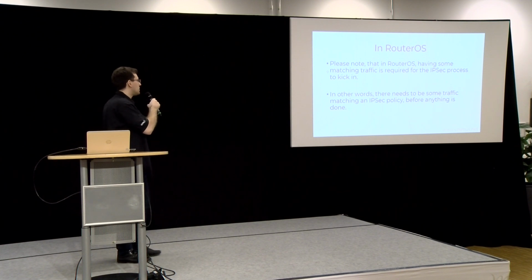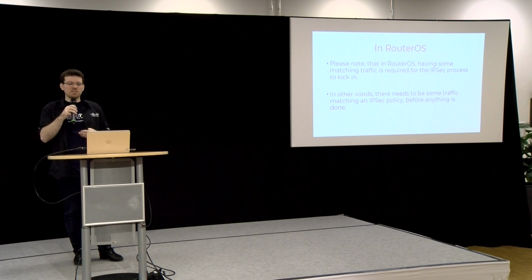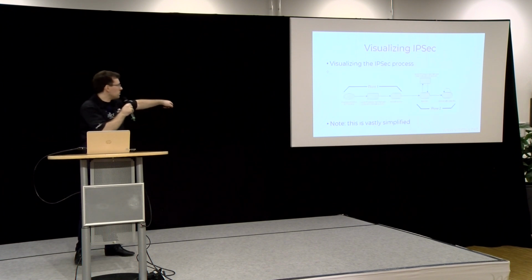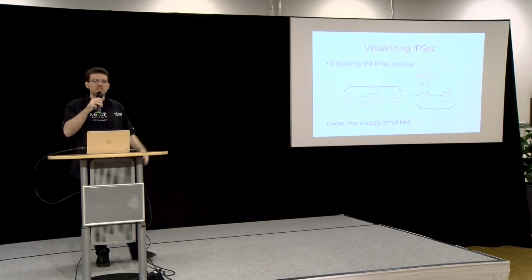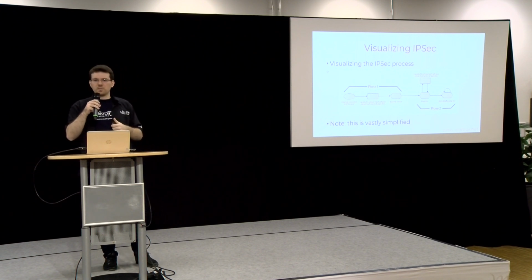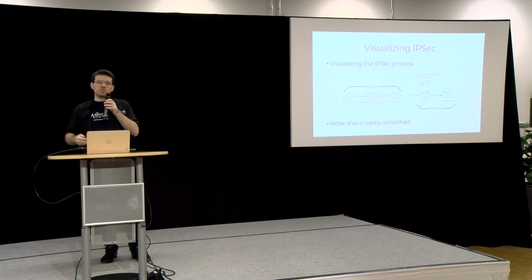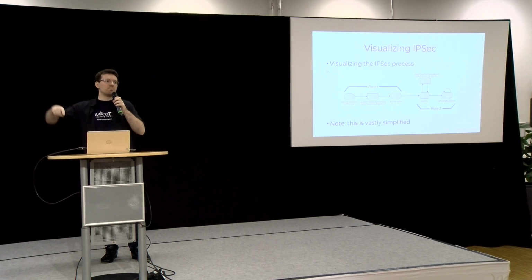So in a MikroTik, in other words, first there needs to be some traffic matching an IPsec policy, and only then is all of the IPsec process that we see here actually kick-started, all the process goes through and traffic gets encrypted. How does this work? It is very common and very normal when you first start to ping a peer on the other side of an IPsec session for the first couple of pings to time out.